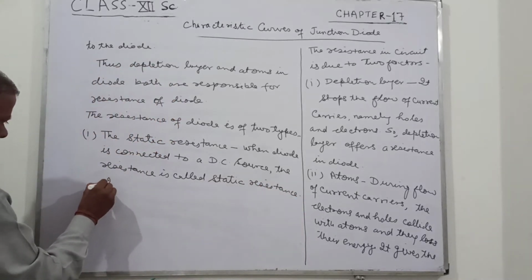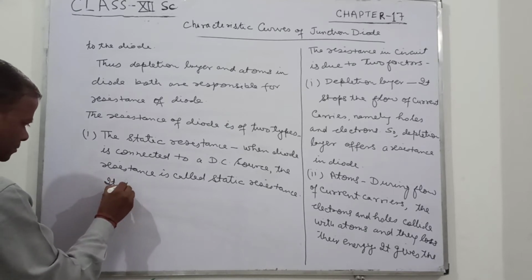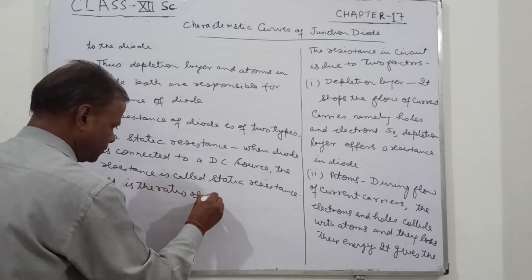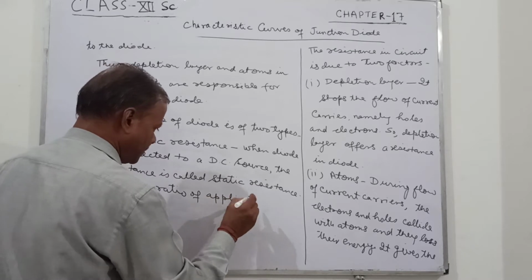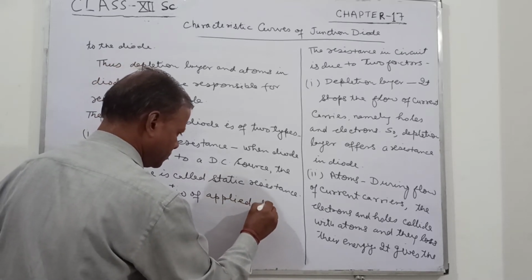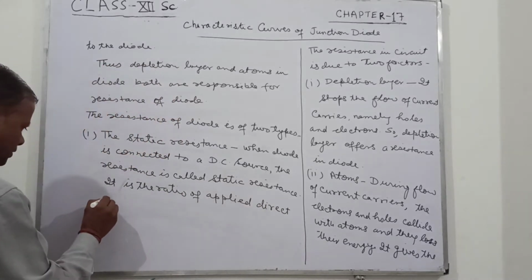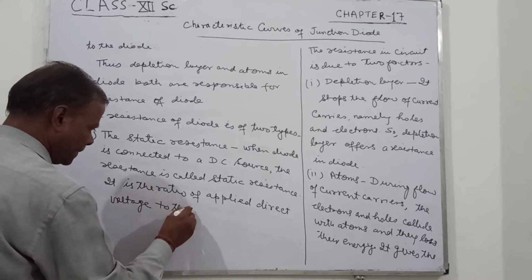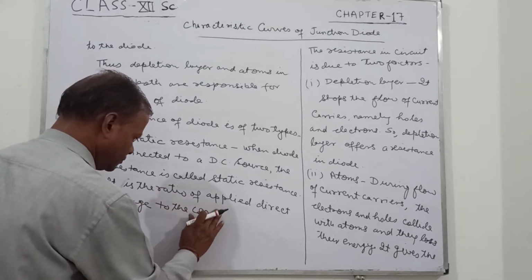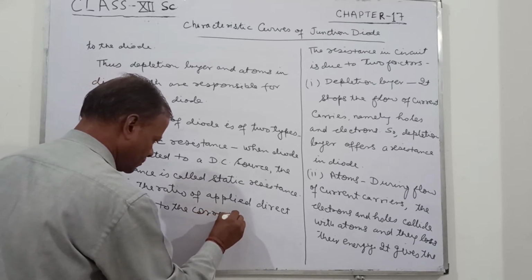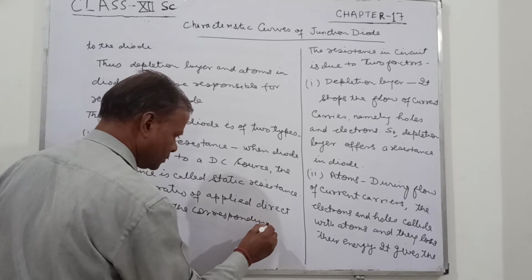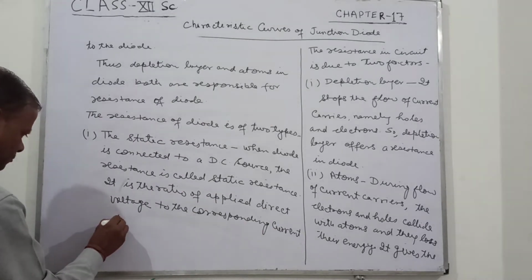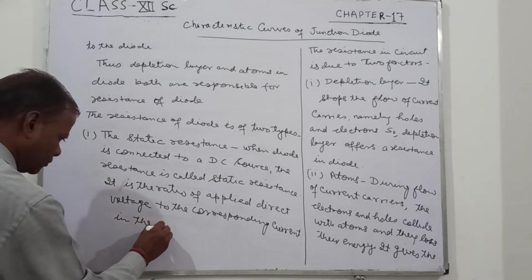It is the ratio of applied direct voltage to the corresponding current in the diode.